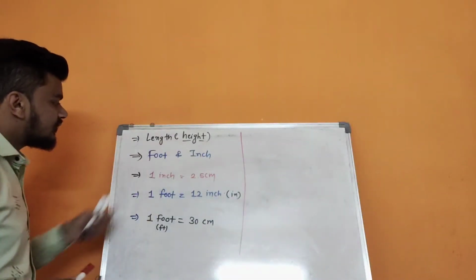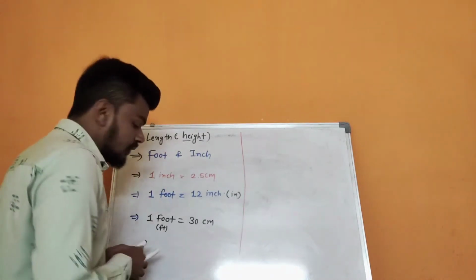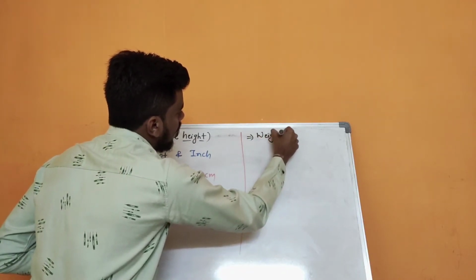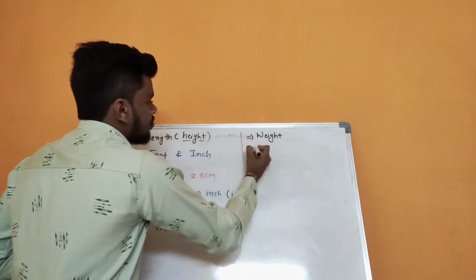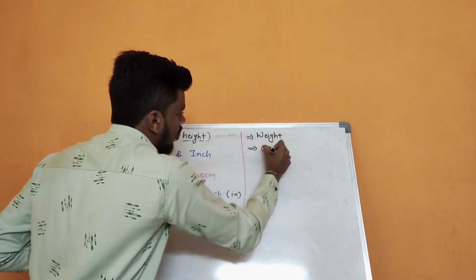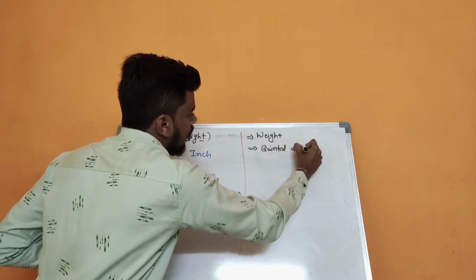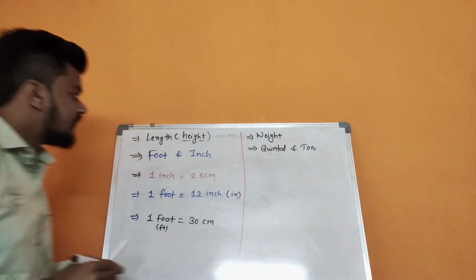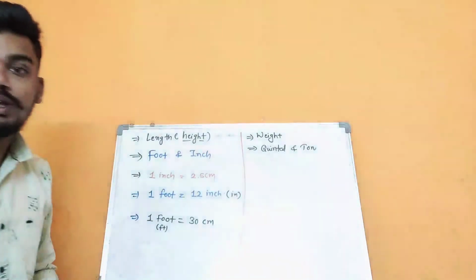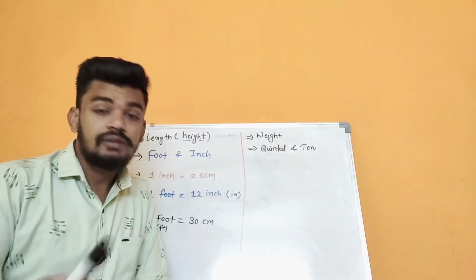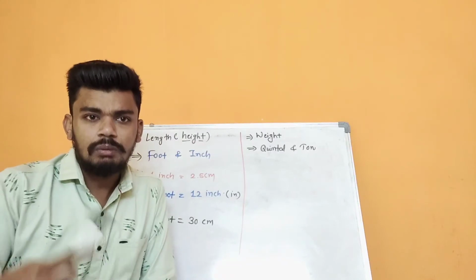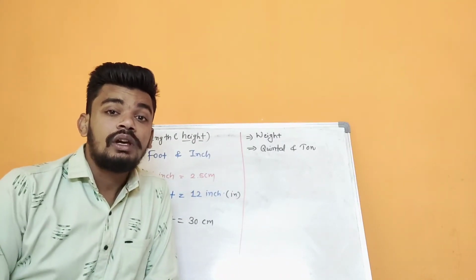As we have seen two in this one, foot and inch, there are also two other measurements for weight. These are the quintal and ton. See, it is not like any of these is new. For example foot, inch, we already measure them. For example, our height, we can measure that height in feet.